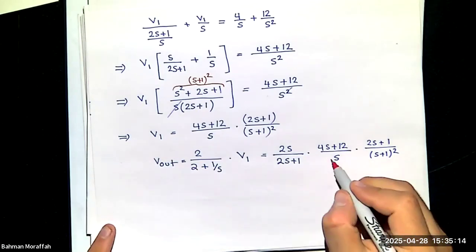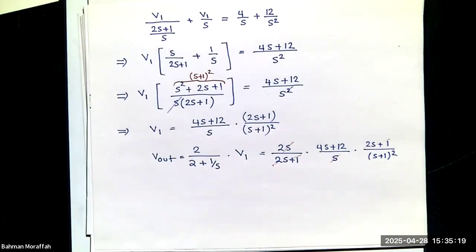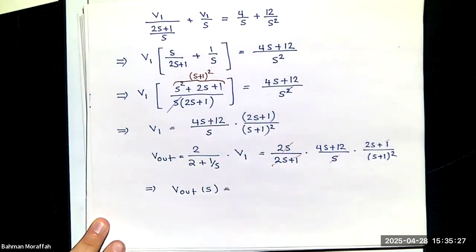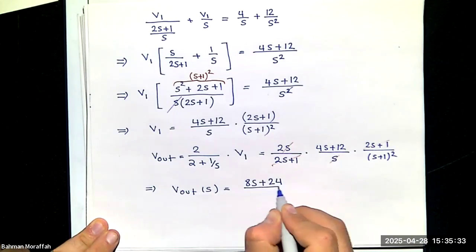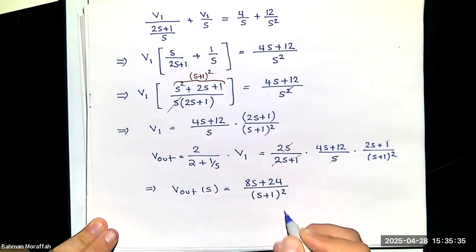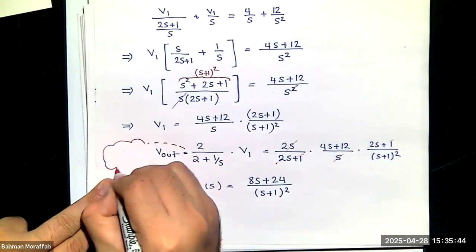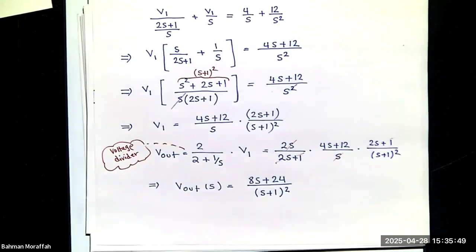This S and this S cancel. This 2S plus 1 and this 2S plus 1 cancel each other out. What I'm left with is V out of S equals (8S plus 24) divided by (S plus 1) squared. Right? Remember, this is a voltage divider.